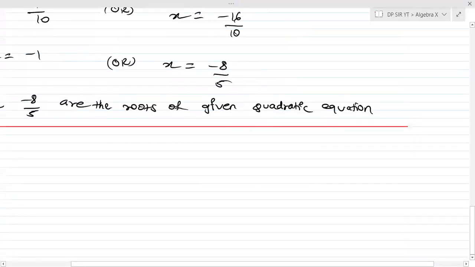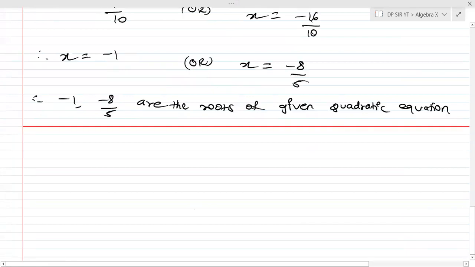So you can all use a heading: nature of roots of a quadratic equation. This is a prerequisite for your next exercise. Nature of roots of a quadratic equation. Let me write it neatly now.